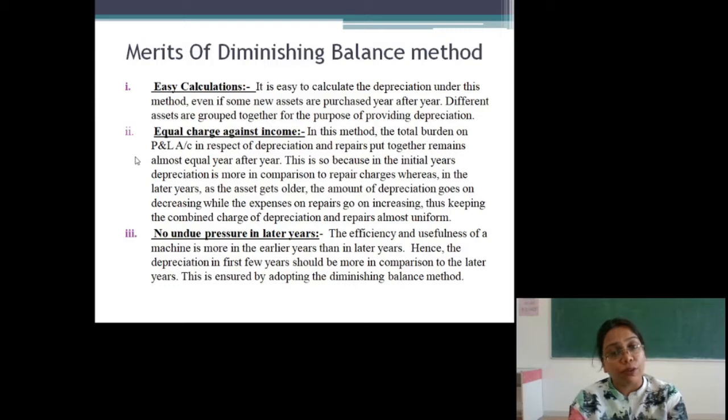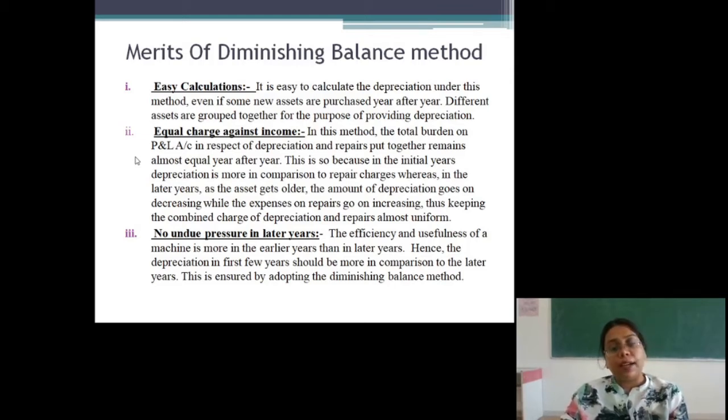We group the assets of the same nature into different categories, so it is very easy to calculate the depreciation in the case of this method.